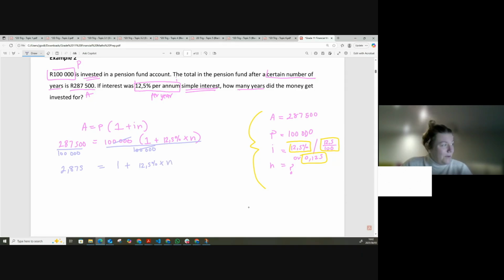Next step, we're going to move this 1 over. So we're going to move it over and minus 1. So we'll have 1,875 is equal to 12.5% times n, which means we then just divide by our percentage.